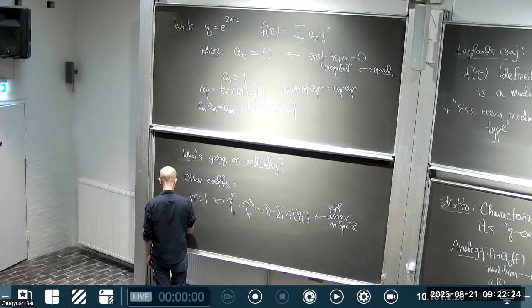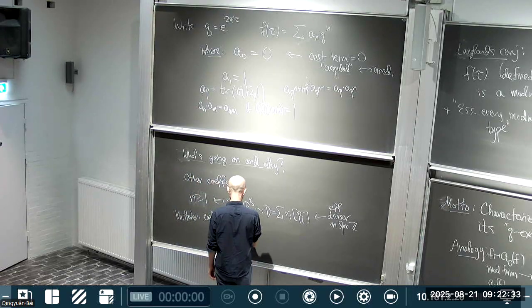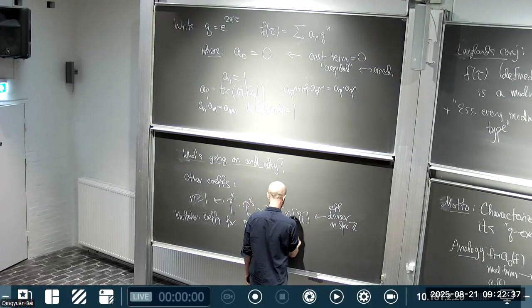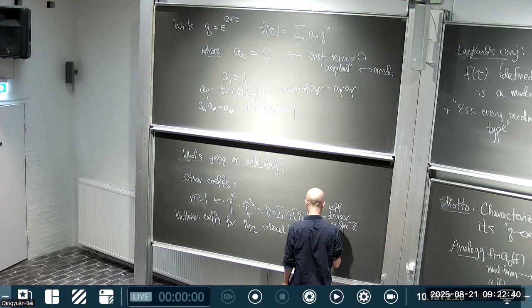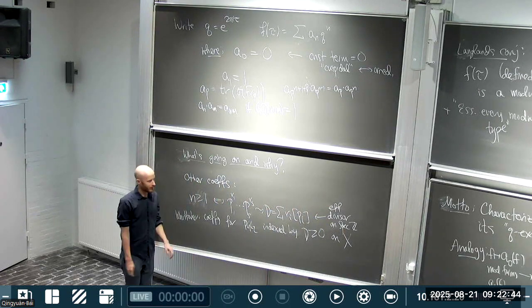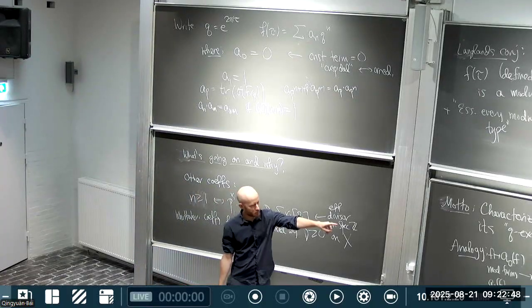And so the Whittaker coefficients for PGL2 are going to be indexed by effective divisors on the curve. There's some kind of exponentiation happening here, which is why a_1 is like quote 0.